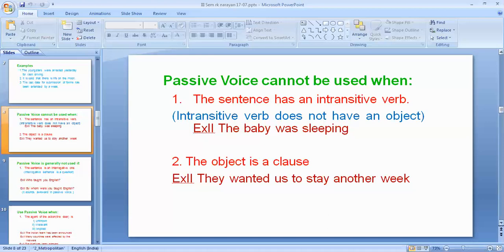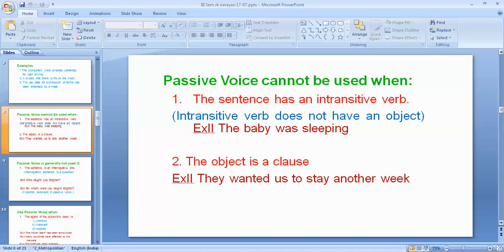For example, if we say the sentence, he gave a book. The verb is gave. Who gave? He. What did he give? A book. When we put the question what to the verb, we immediately get the answer, the book. So it is a transitive verb because it definitely takes an object.